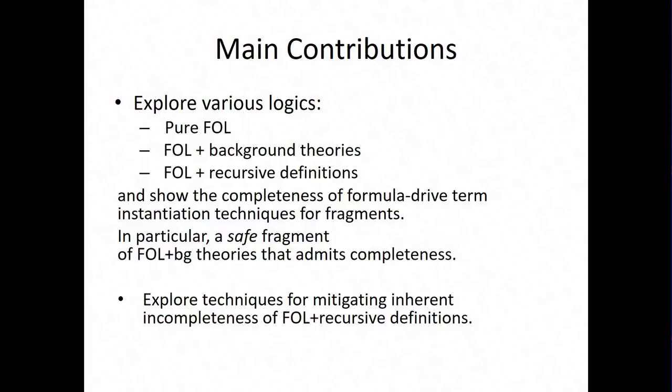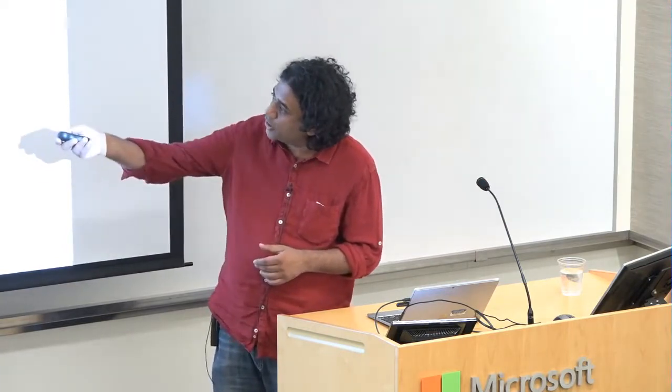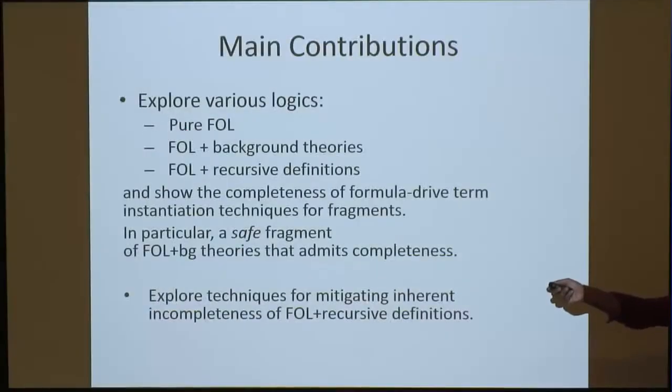So here are the main contributions of this work, right? We explore various logics, like pure first-order logic with background theories, and first-order logic with recursive definitions, and show the completeness of formula-driven term instantiation for some of these fragments of these logics. And in particular, for first-order logic with background theories, right, we have a fragment called the safe fragment that admits completeness, right?